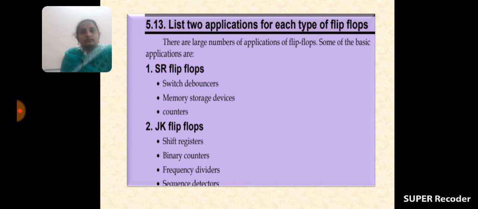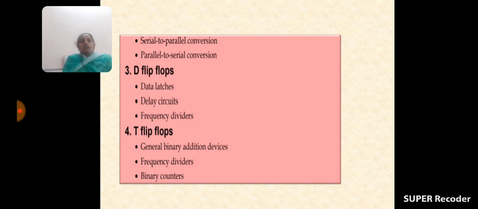These JK flip-flops are also used in serial to parallel conversion and parallel to serial conversion. Serial to parallel means the data must be entered bit by bit, but all data must be sent out at the same time.